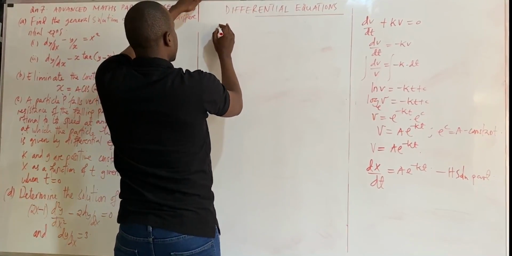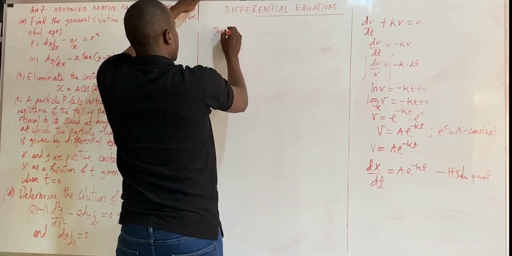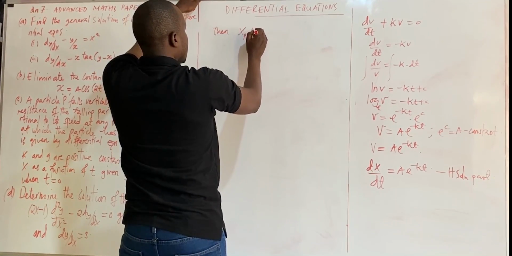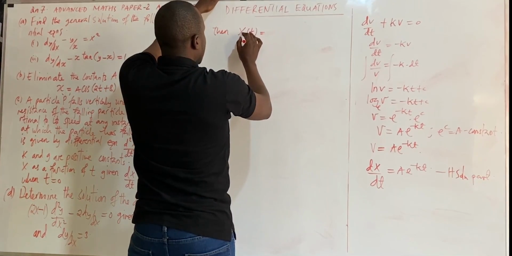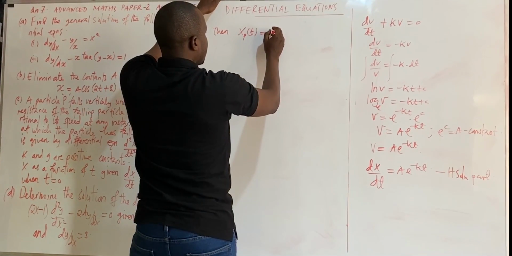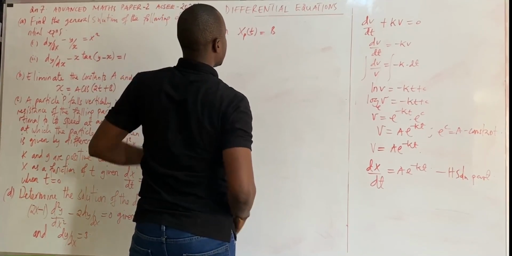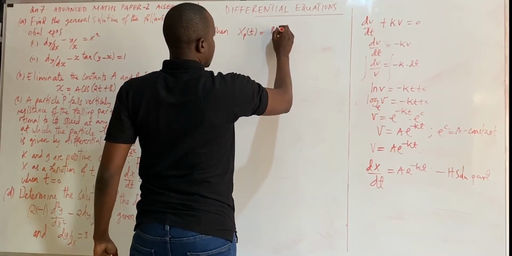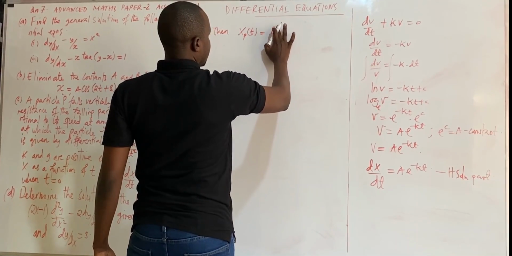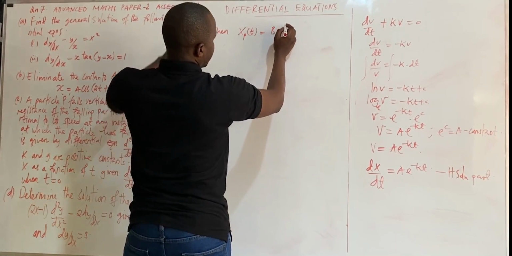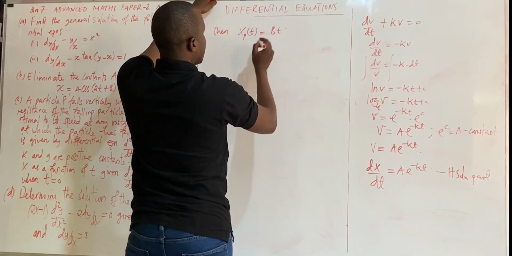So if that to be the case, we say let this maybe be the function x of t, the x function of t equals a certain constant b times t, yes, bt.